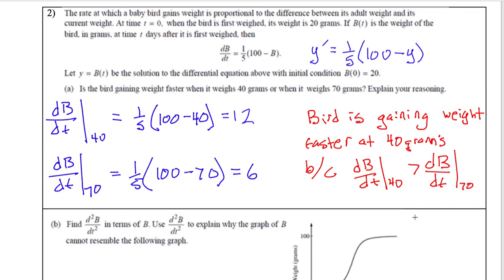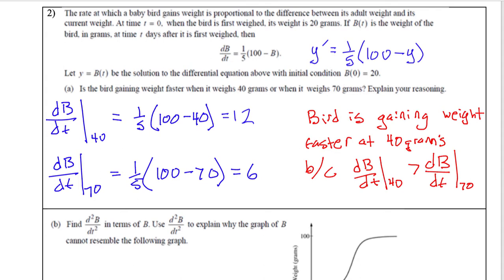Or you can say this in words, so you don't have to be so formal about it. You can say the rate is higher when the bird is 40 grams. 40 pounds is a big bird. I wonder how much Big Bird actually weighs. Okay, anyway, that's how you say it formally.